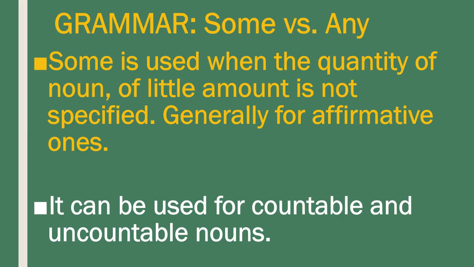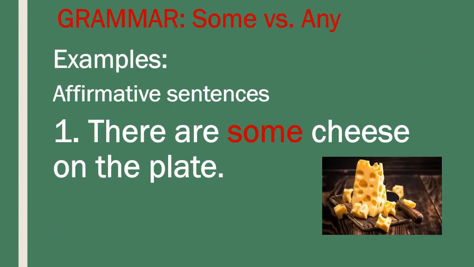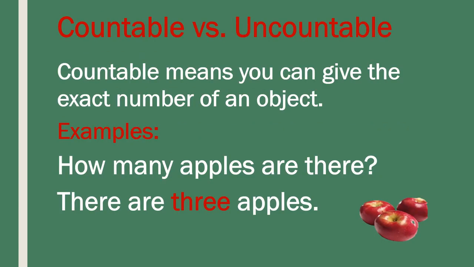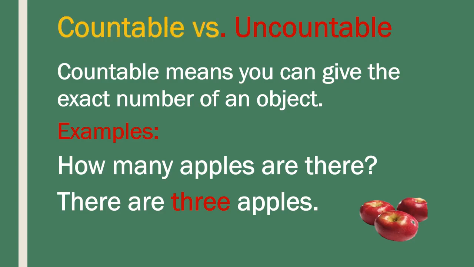Next rule is it can be used for countable and uncountable nouns. Examples, affirmative sentences. There is some cheese on the plate. So what do you mean by countable versus uncountable?